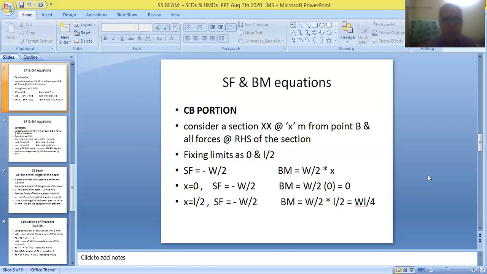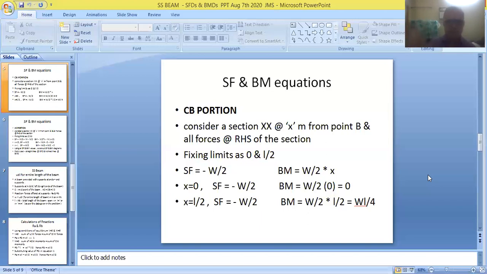So this is the way of obtaining the first set of values, and this is the way of obtaining the second set of values. You take the lower limit, we get the first set of SF and BM values. You take the upper limit, we get the second set of SF and BM values.